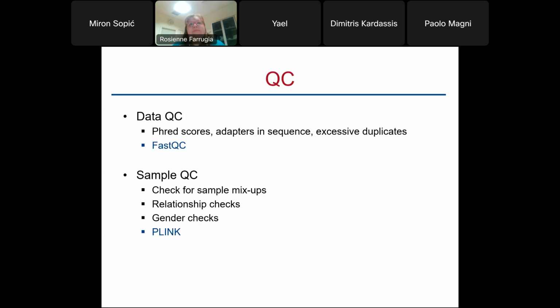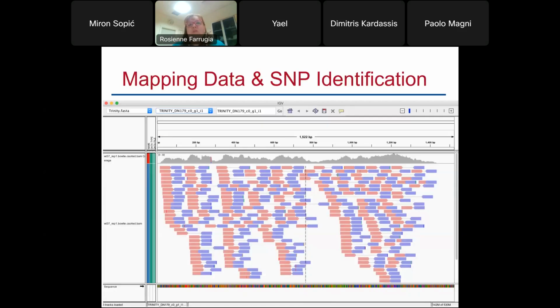The data, when it's been analyzed and it's available, can be viewed. So the only thing I'm going to show you is a screenshot of a viewer. Basically, every pink block is a forward read sequence, and every blue block is a reverse read sequence. When they're connected with a line, it means they came from the same cluster. Those two should be within 500 base pairs of each other.